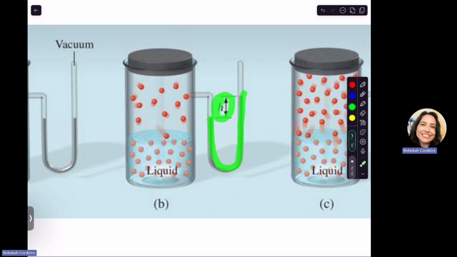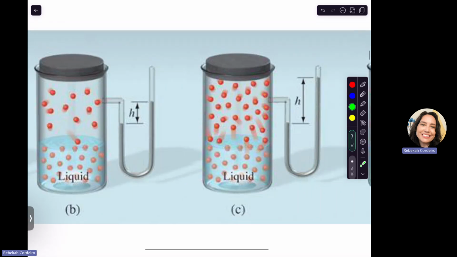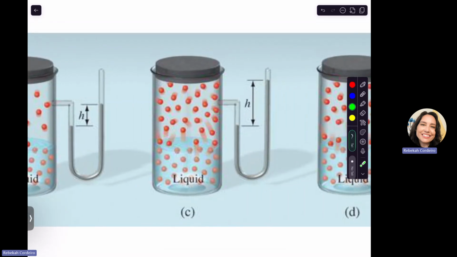The height difference between where we started and where we have now is related to the vapor pressure. We can measure that height difference in millimeters of mercury. Now, if I start to increase the temperature, we can make more gas particles, and so my vapor pressure increases. I'm still a liquid at this temperature, I haven't reached boiling point yet, but because I have more energy, more particles are going to be able to jump out as gas.